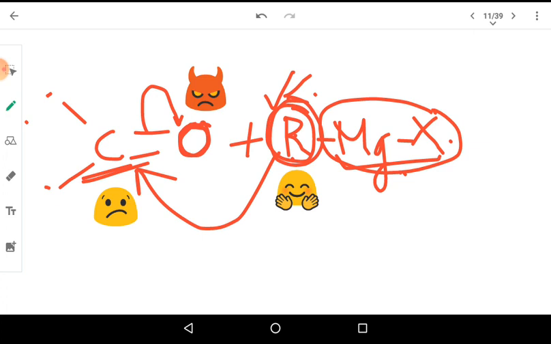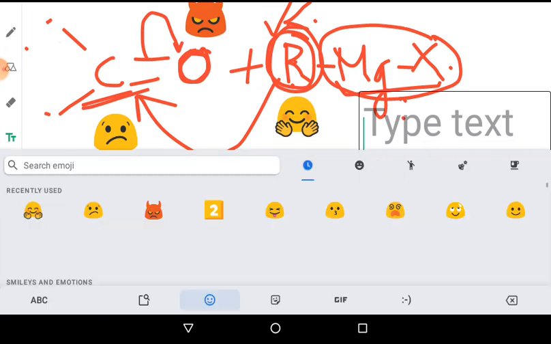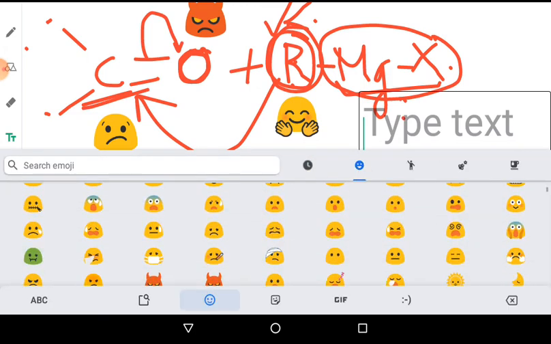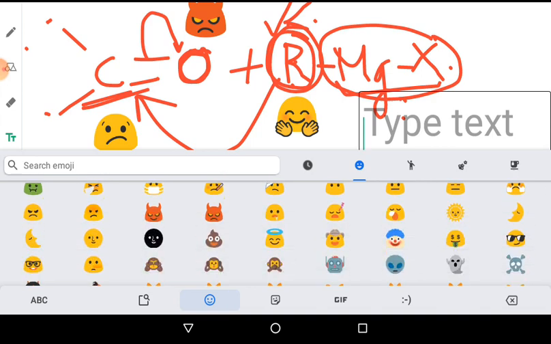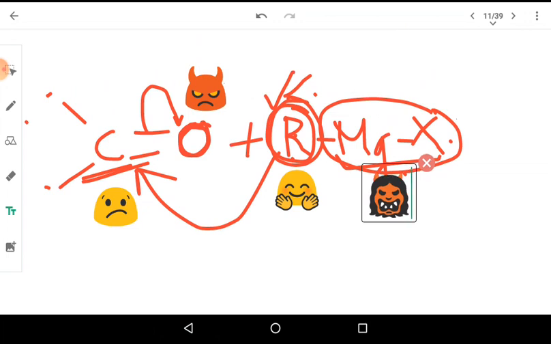As a result, they will tell, we are going to leave you. So they are very cunning fellows. So let us use another emoji here. We can use this. They are very cunning fellows.